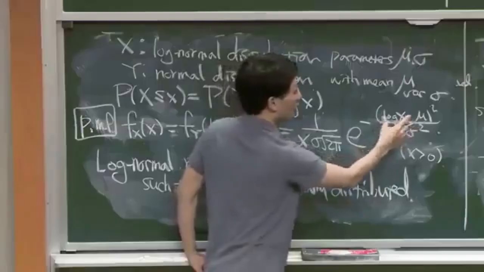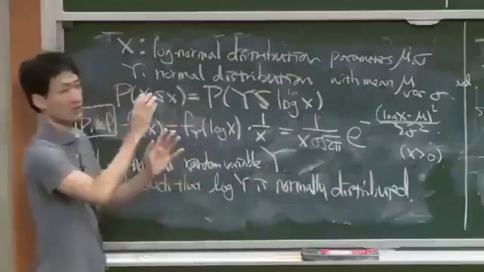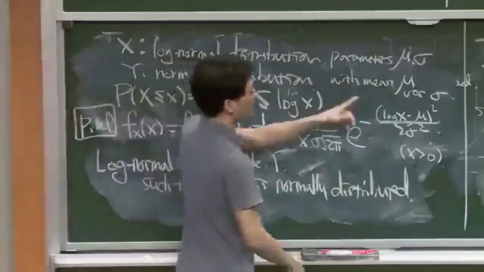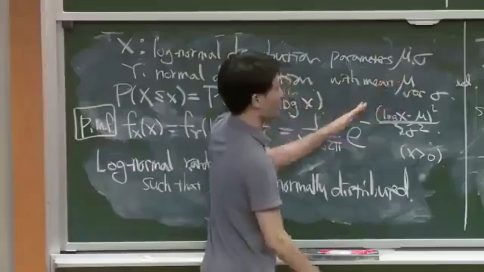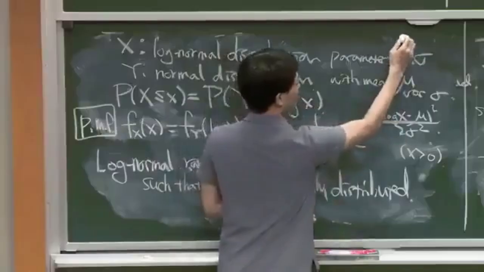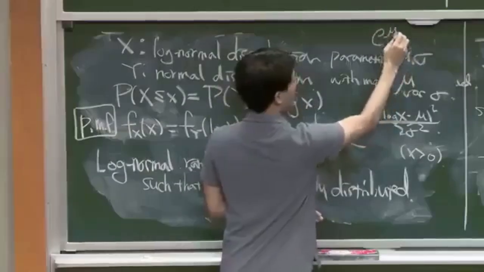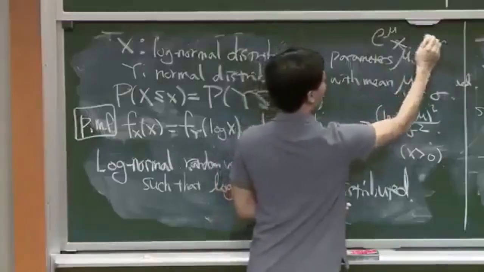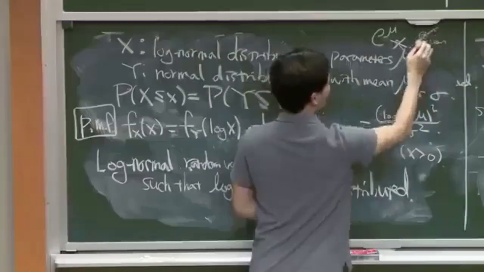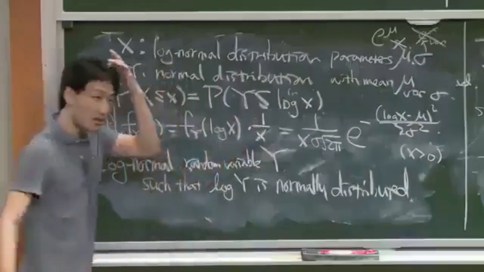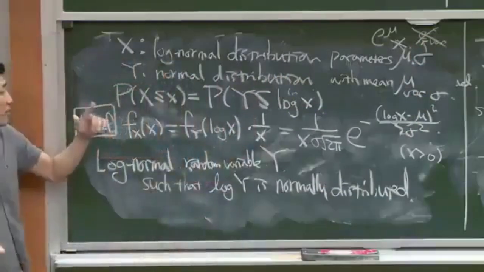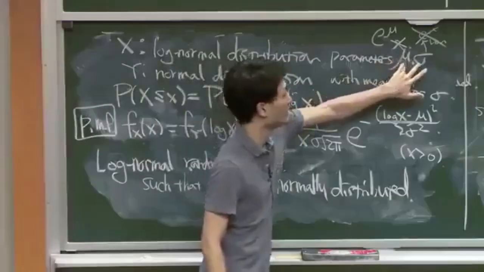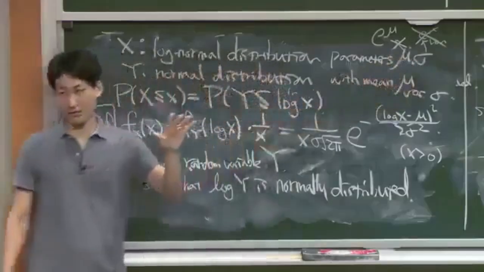Log x is centered at mu, but when you take the exponential, it becomes skewed, and when we take the average you'll see that the mean is no longer e to the mu. That doesn't imply that the mean is e to the sigma, or that the variance is something like e to the sigma. That's totally nonsense. Just remember, these are just some parameters. It's no longer mean or variance.